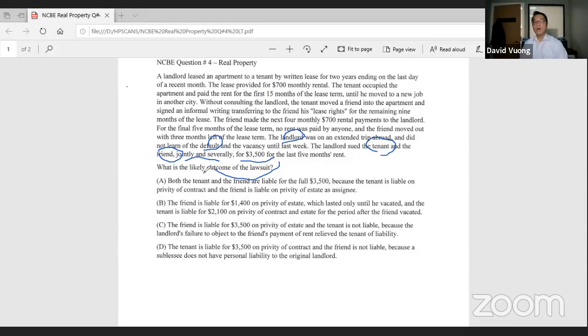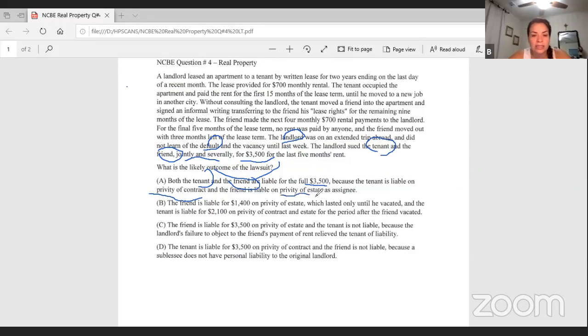What is the likely outcome of the lawsuit? A, both the tenant and the friend are liable for the full $3,500 because the tenant is liable on privity of contract and the friend is liable for privity of estate as lease assignee. Okay. So we know right now that it is jointly liable, therefore the whole thing is $3,500.